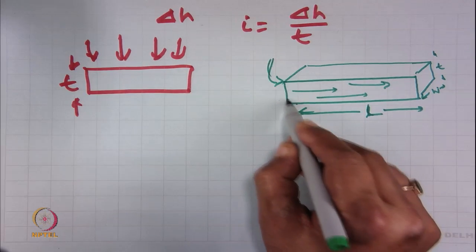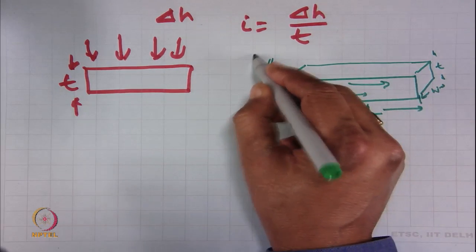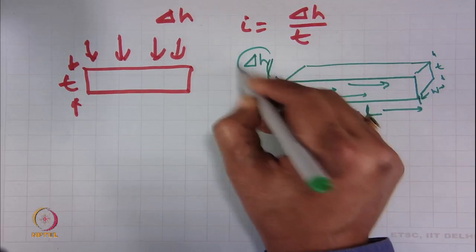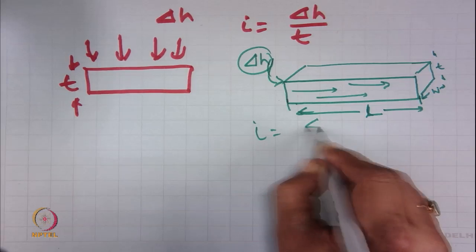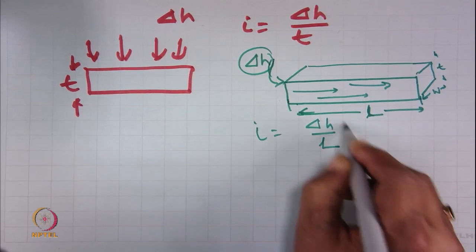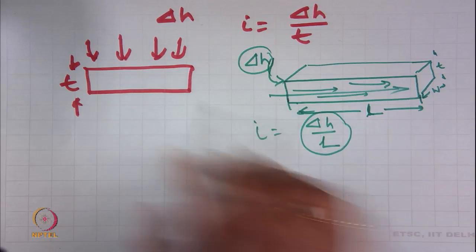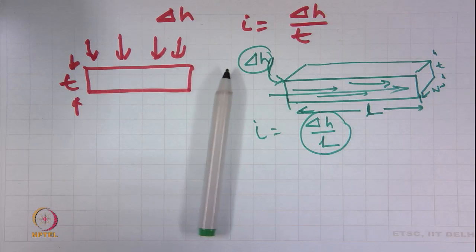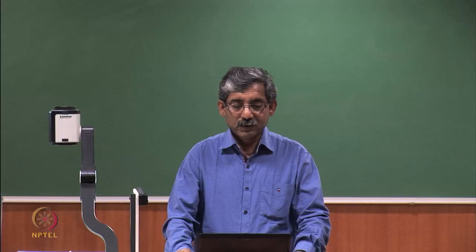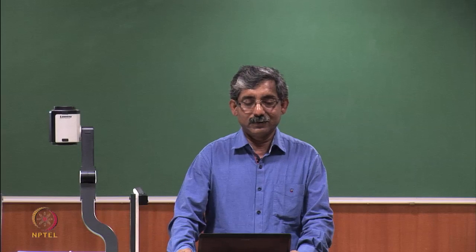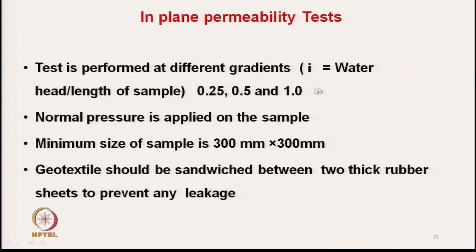So, the distance travelled is L, and the pressure head is delta H. So, gradient will be delta H by L, not the thickness, because the flow length is the length. So, here we test the in plane permeability with gradients of 0.25, 0.5 and 1. At 3 different gradients we test.